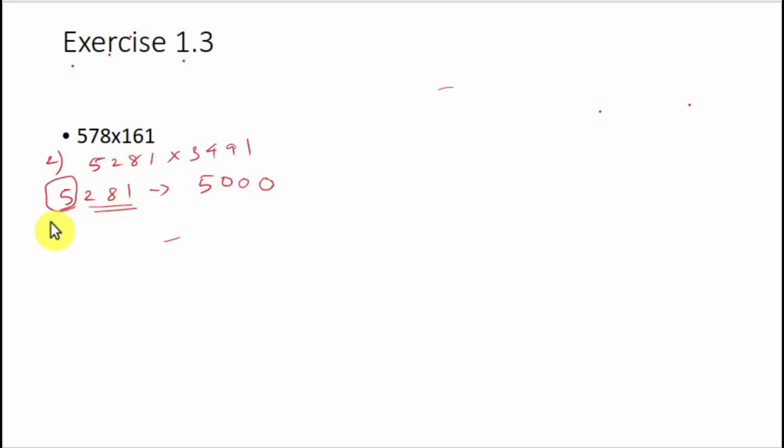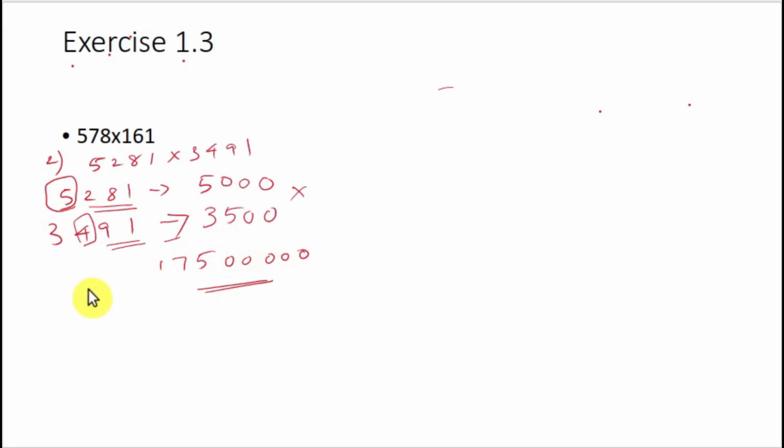So 5000. 3491, I am rounding off to the nearest 100. So here 491 is close to 500. So I am changing. So 3500. So multiply 5000 by 3500. Okay.